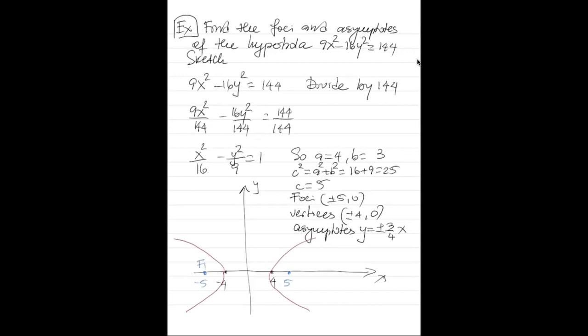So we can label them if you want, F1 and F2. And asymptotes, you have up 3 over 4, y equals 3/4 x. And the other one, usually we draw them dotted, negative 3/4 x. Okay, so we have everything labeled.